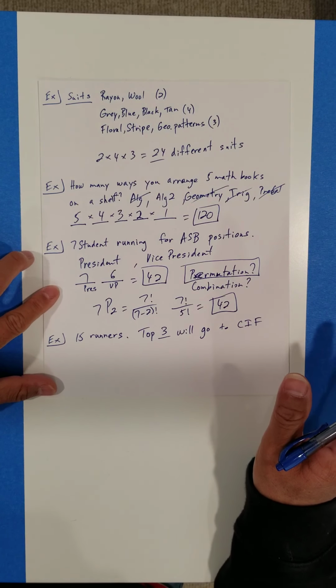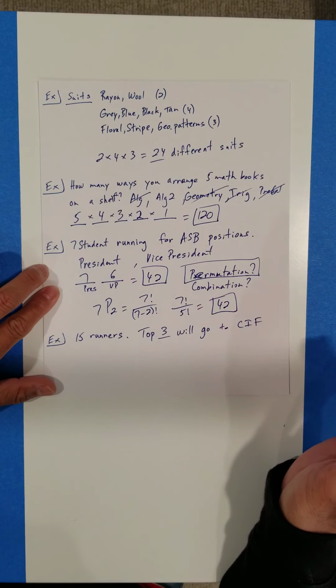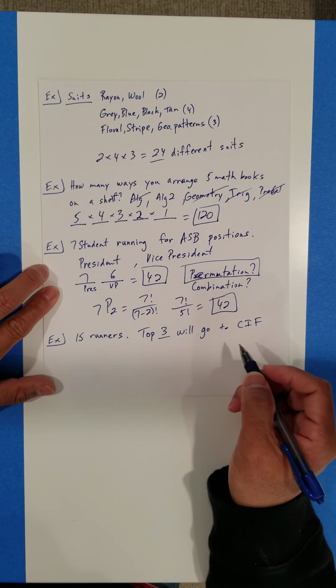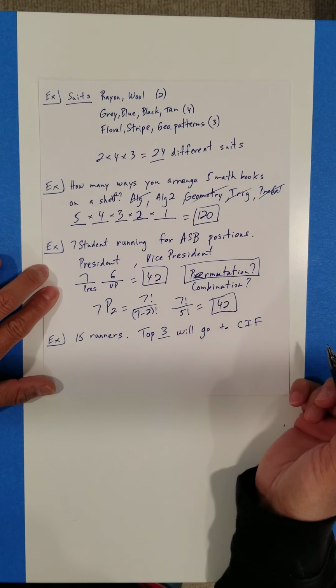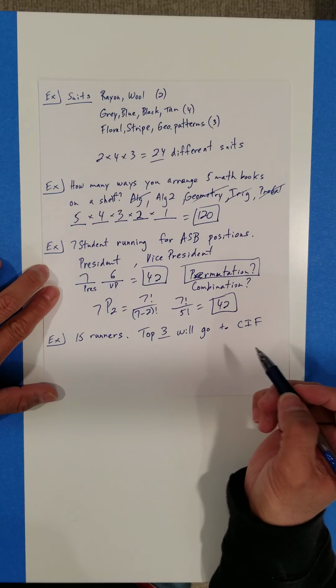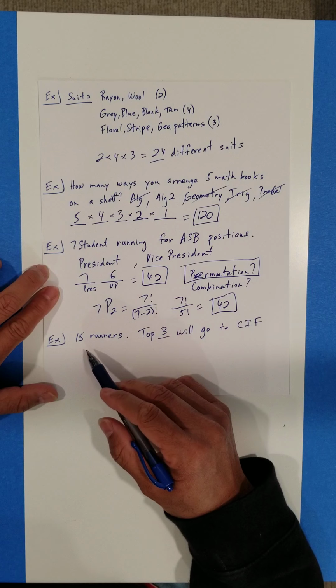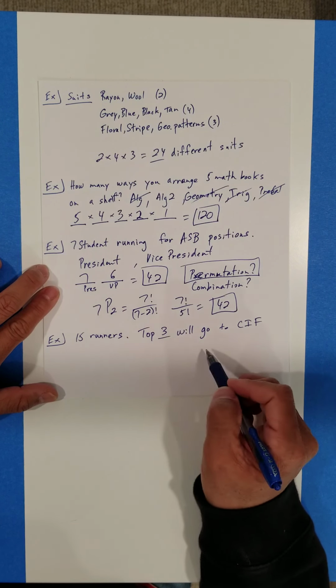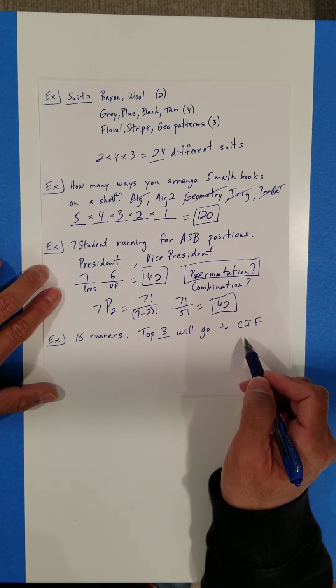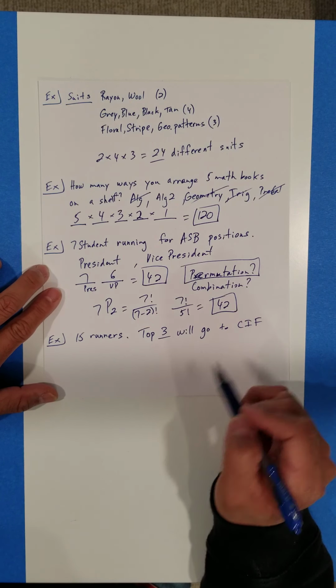It doesn't matter who comes first or second or third. I have 3 winners. Now you ask yourself, does the order matter? We're going to choose the top 3 winners to go to CIF. Does the order here matter?